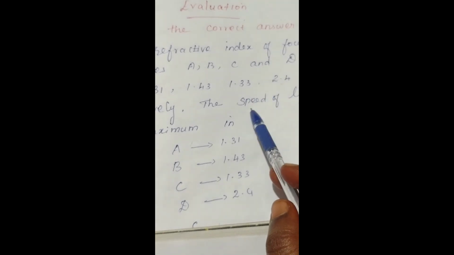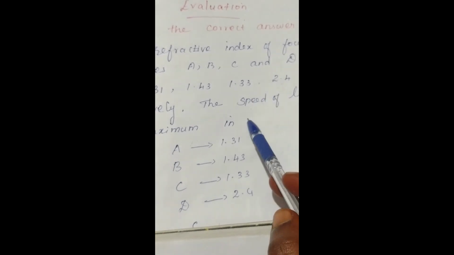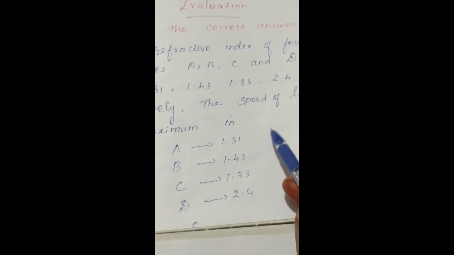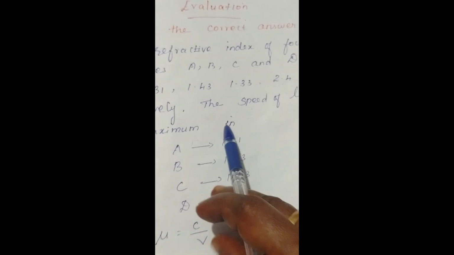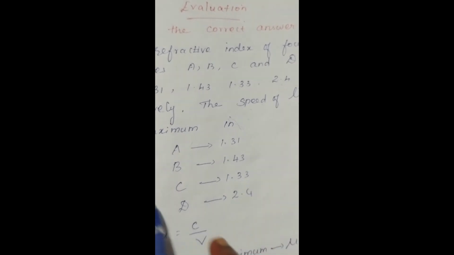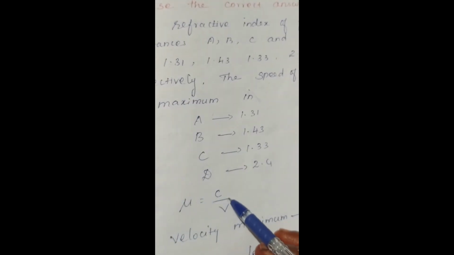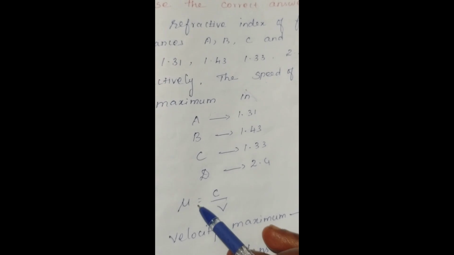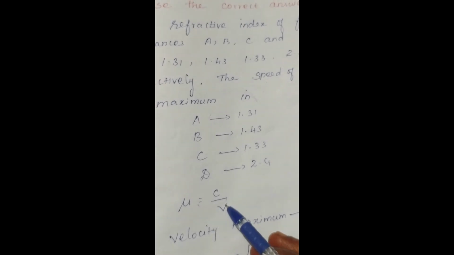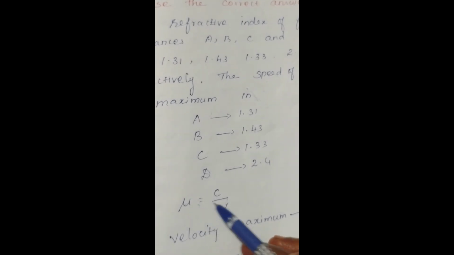So how to find in which medium the speed of light is maximum? We already learned one relation, isn't it? Mu is equal to C by V. The refractive index and the velocity of the medium are inversely proportional.